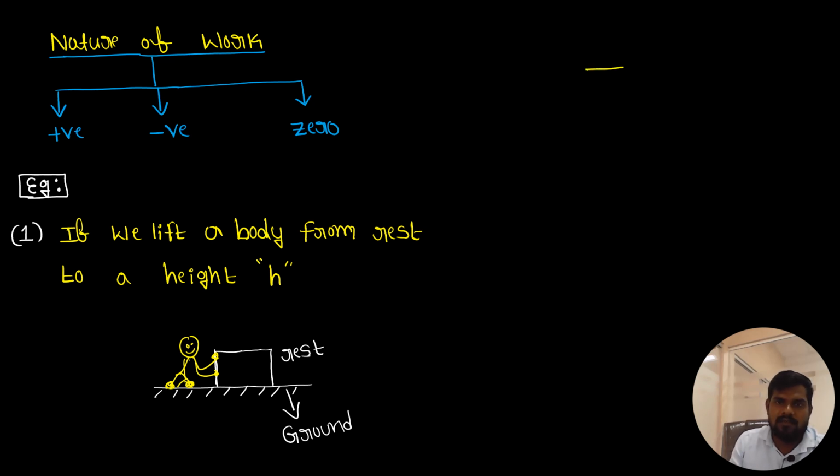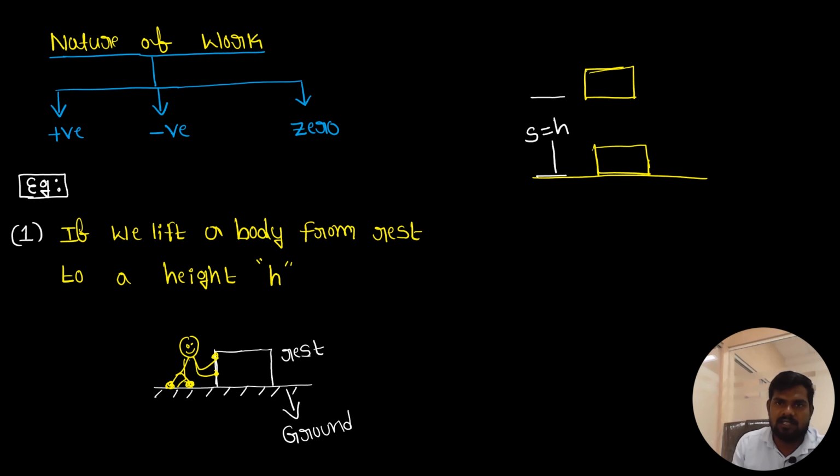When he lifts this box vertically upward from the initial position, this is the diagram when he is lifting. The distance I am taking from here to here, s is equal to h.